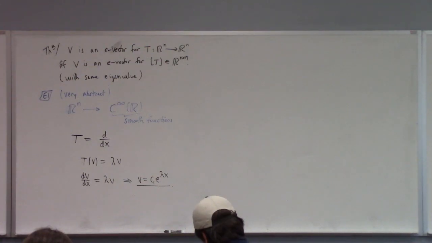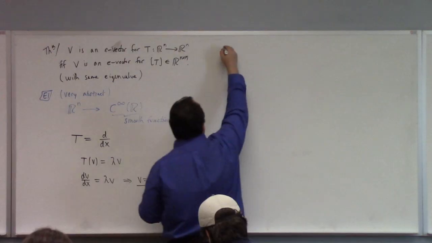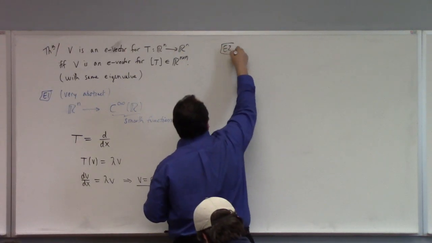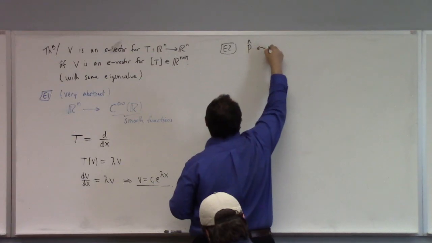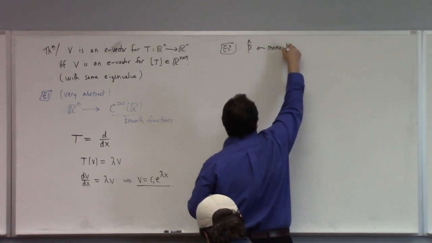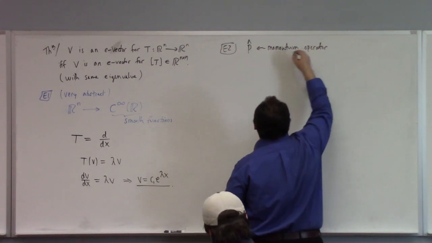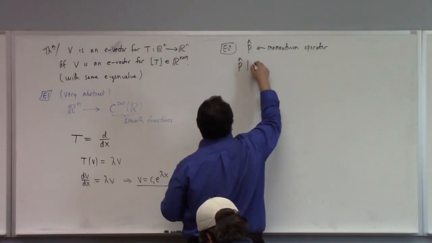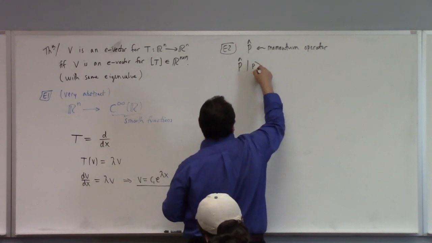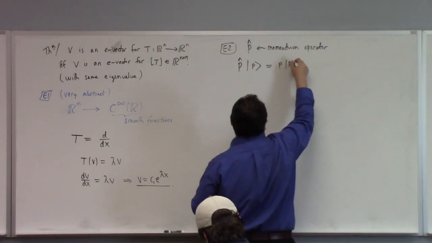In quantum mechanics, if you have what's called the momentum operator, and you let the momentum operator act on the momentum eigenstate, you get p times the momentum eigenstate, |p⟩.